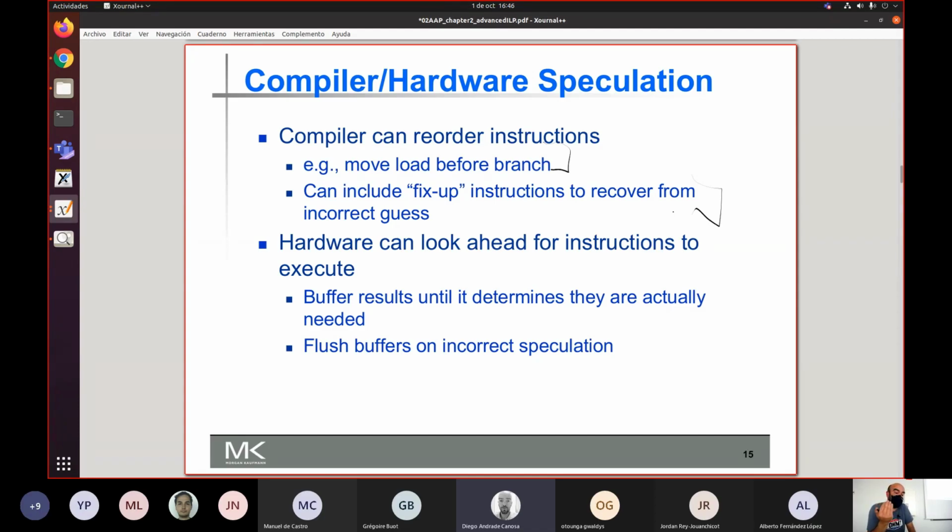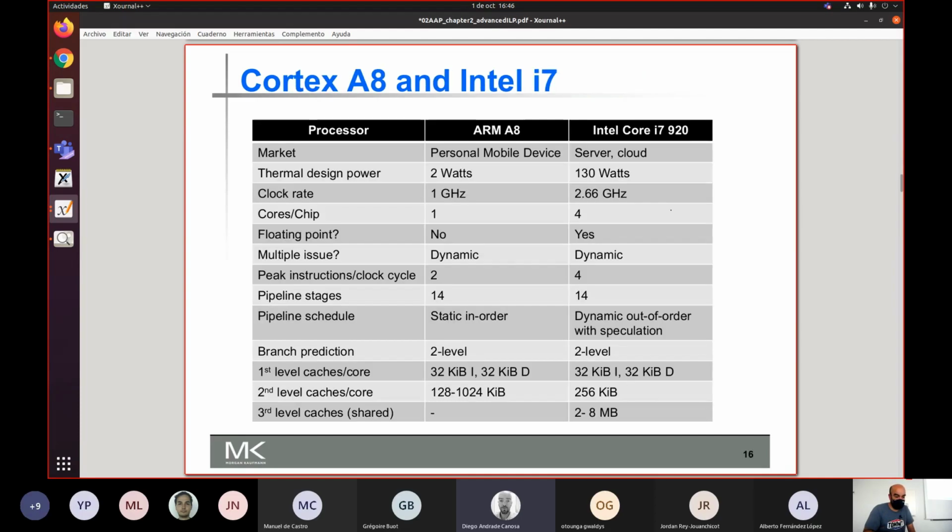Okay, so this is the comparison of two processors. They are, I believe, about 10 years old or something like that. And you can see that this is a mobile one, pretty old, okay? And this is a desktop or server one, okay? And you can notice the difference between them.